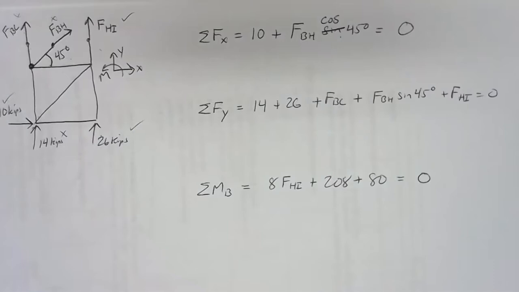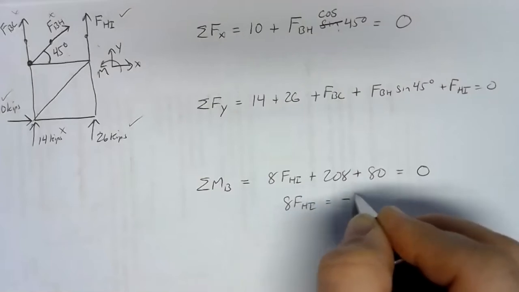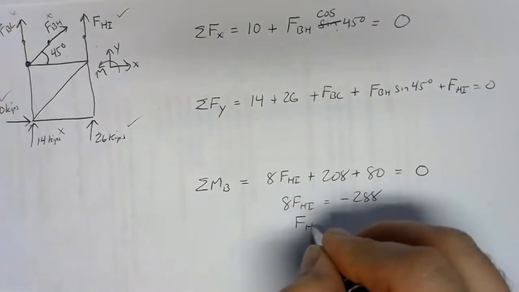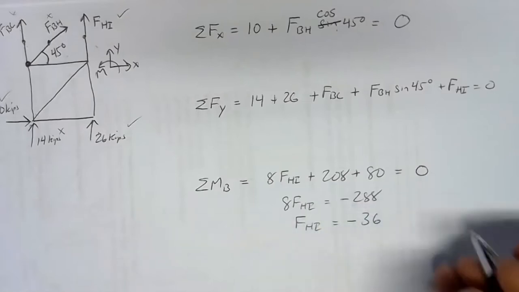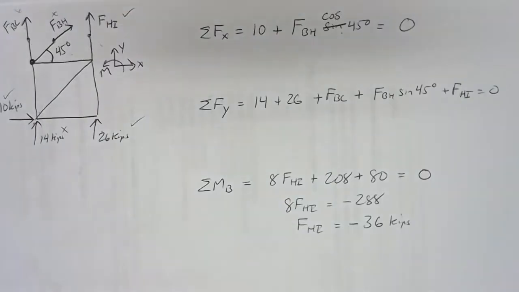So we've got 8 FHI equals negative 288. Just skipping ahead on the algebra a little bit. And if we divide that by 8, we get FHI is negative 36 kips. So member HI comes up as negative 36 kips.